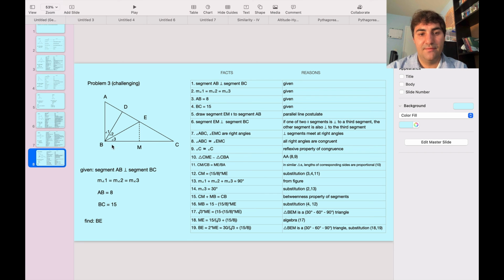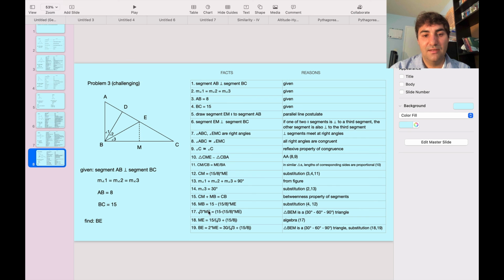So what is the length of MB going to be equal to? Well, we know the length of this whole segment is 15, right? And we know the length of CM is equal to 15 over 8 times the length of ME. So I just substitute, and I get MB is equal to 15 minus 15 divided by 8 times the length of ME. So we also know, since this is a 30-60-90, that the length of ME times root 3 is going to give you the length of BM, or MB, whichever way you want to take it.